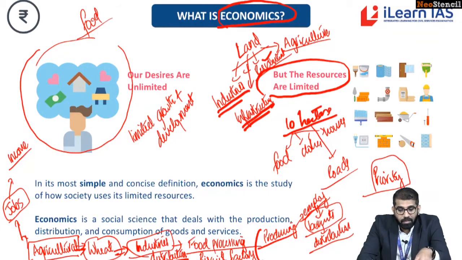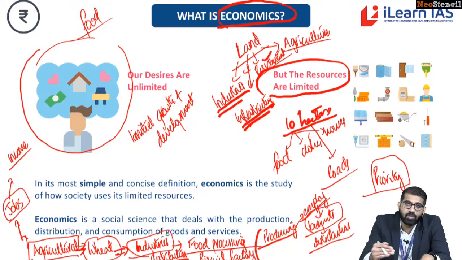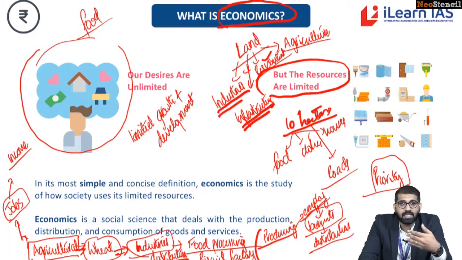Now by transporting it and distributing it to different retail stores who actually sell it to the ultimate consumer, when it reaches the retail store, what happens? From there the consumer gets in and starts purchasing this particular biscuit.